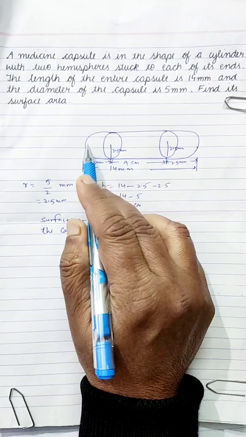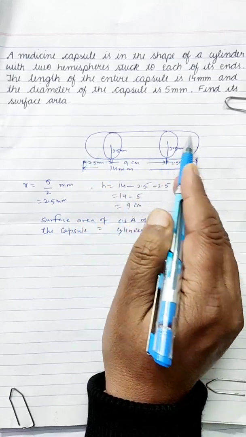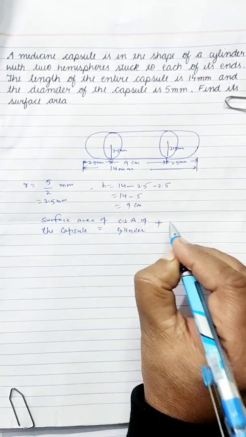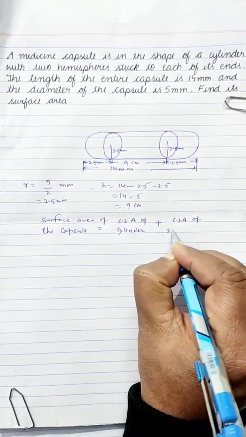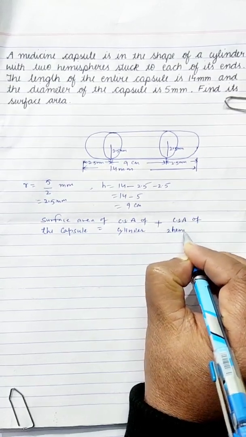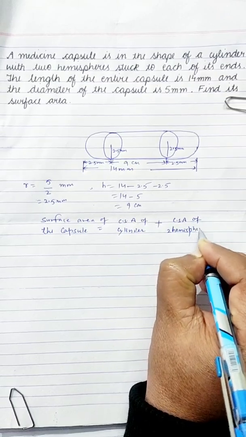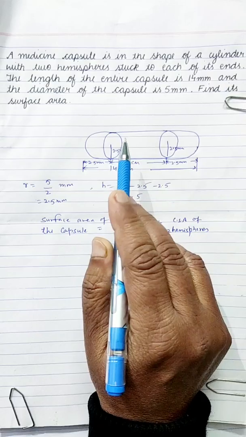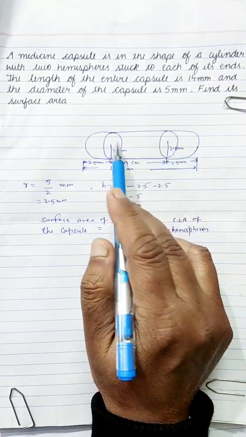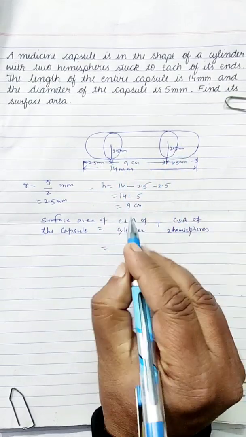One hemisphere is to the left side and one hemisphere is to the right side. So CSA of two hemispheres. ठीक है, तो सिलेंड्रिकल पार्ट का CSA और हेमिस्फीयर दो हैं, दोनों का CSA.